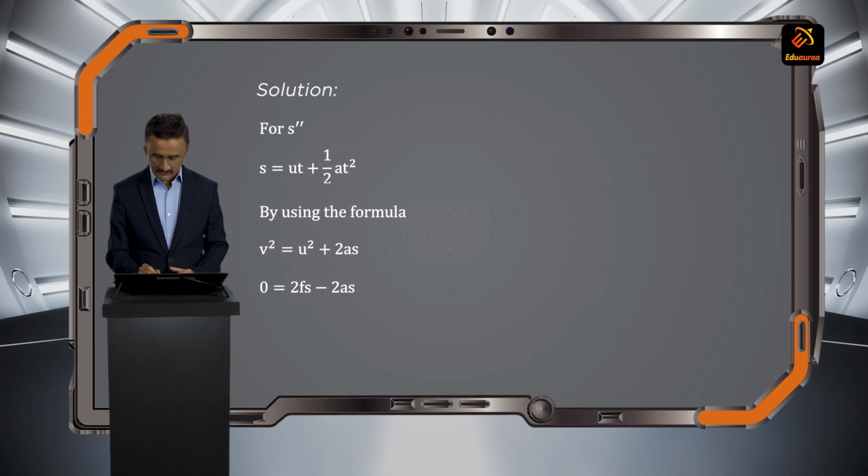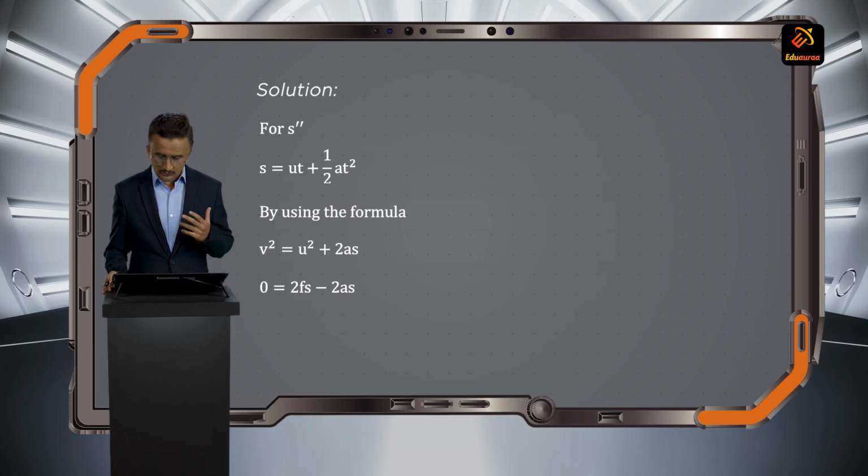U is the initial velocity, that is root 2 fs. Just now we have calculated, and we are interested in the s dash. So by using the formula, v square is equal to u square plus 2as. What is v? The final velocity is equal to 0. U square is 2fs, because it is in the square root.